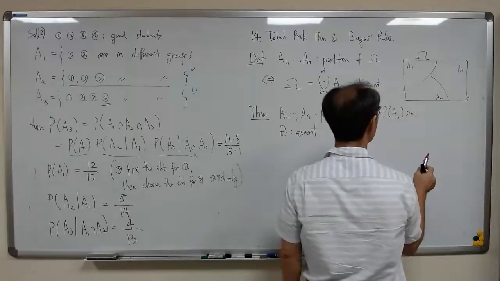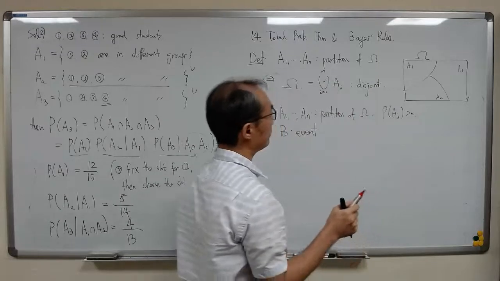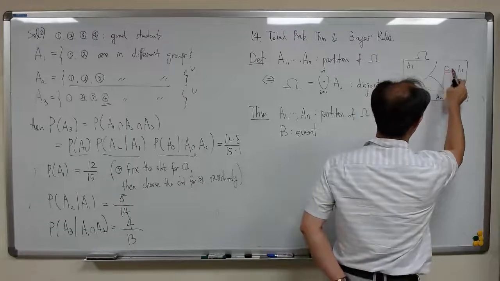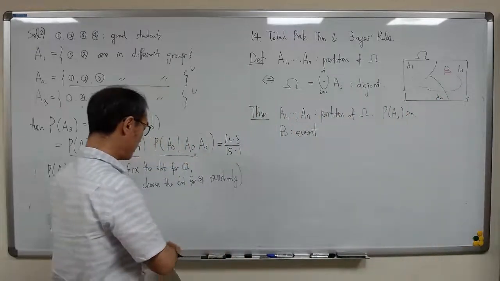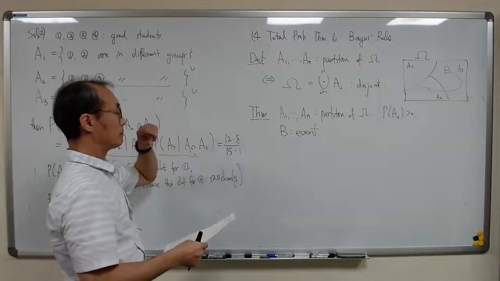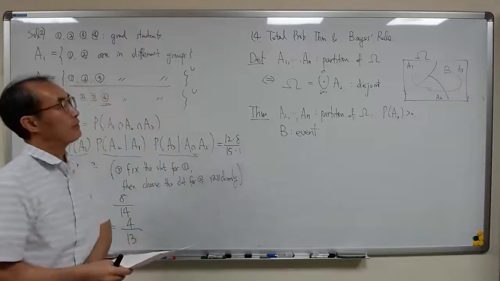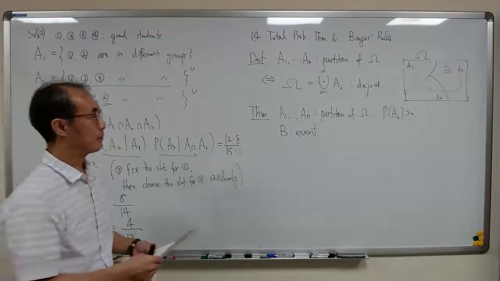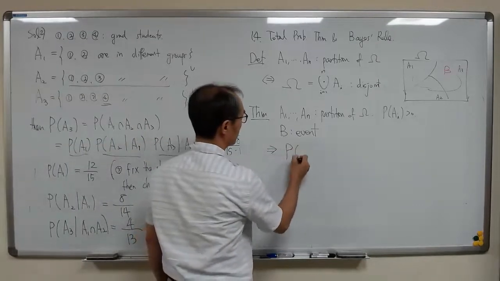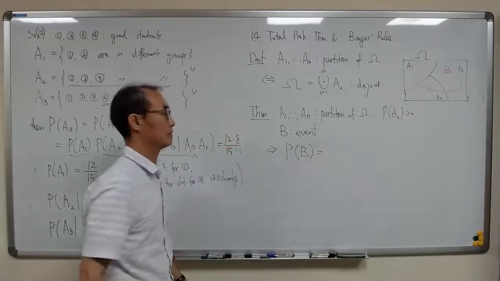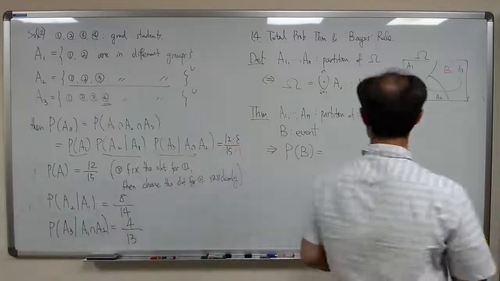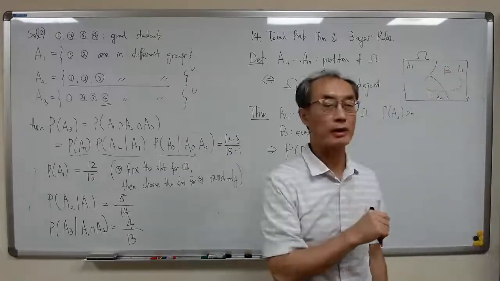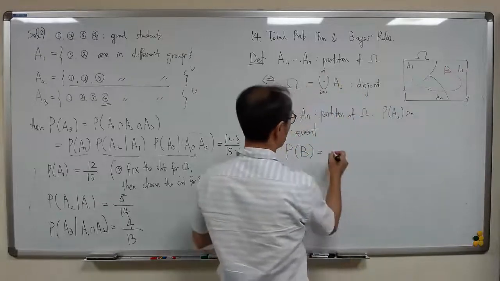Suppose we have a partition like this: A1, A2, and A3 is a partition of the sample space. Then we have another event B. This theorem is called the total probability theorem. It tells us the way to evaluate the probability of event B with respect to every one of the events in the partition, one by one.